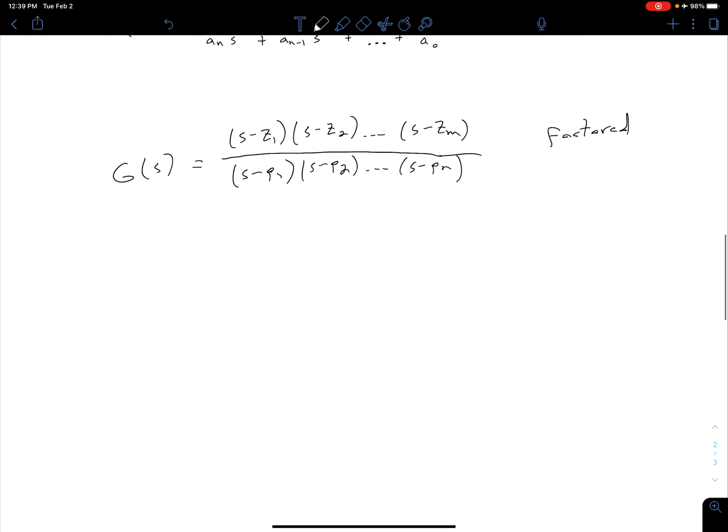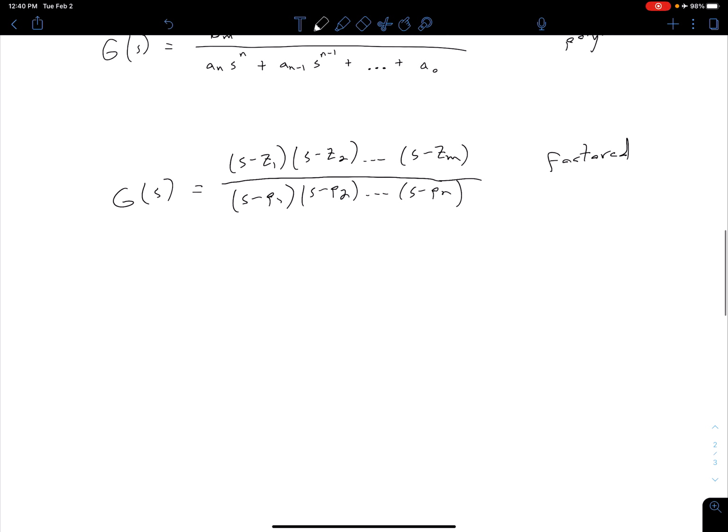Well, the reason is that our z's are representing zeros and our p's are representing poles. So our z1, z2, all the way down to zm are what we're going to call zeros of our transfer function, G of s. This nomenclature is very important. We're going to be using that throughout the rest of the semester.